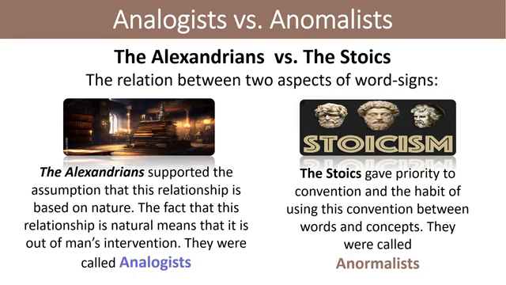The Alexandrians were called analogists, while the Stoics held the view that language was by convention and irregular, that is to say, they disbelieved in the naturalness of words, and gave priority to convention and the habit of using this convention between words and concepts. The Stoics were called anomalists.